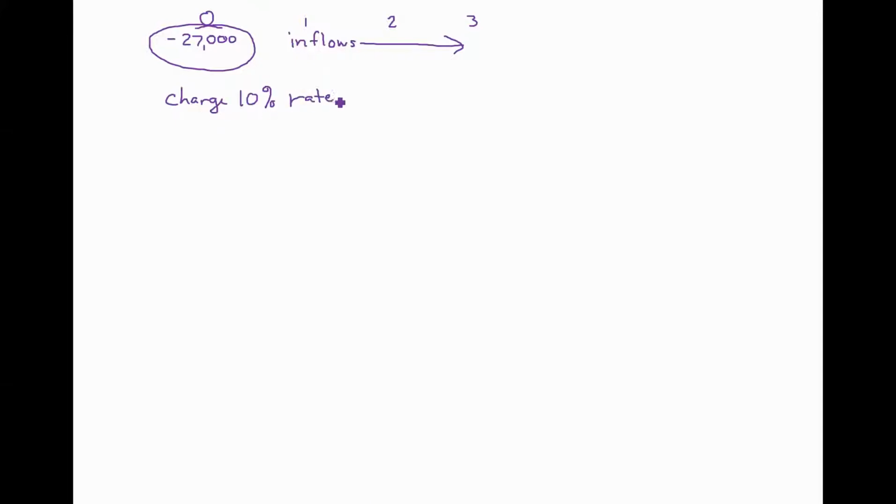If this project can't generate more than a 10% rate of return for me, it's not going to be worth it, because after I pay my parents back, I won't earn anything extra. So this 10% rate that I'm being charged to raise the $27,000 is called the hurdle rate.